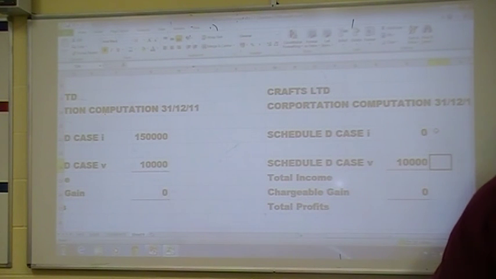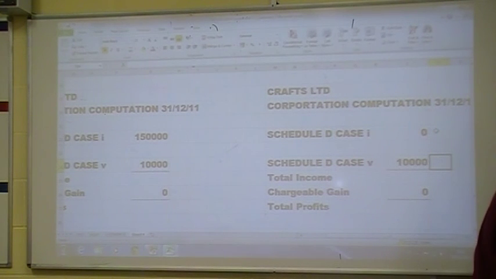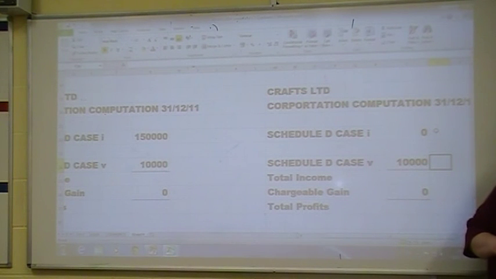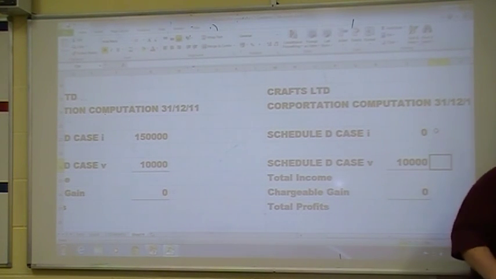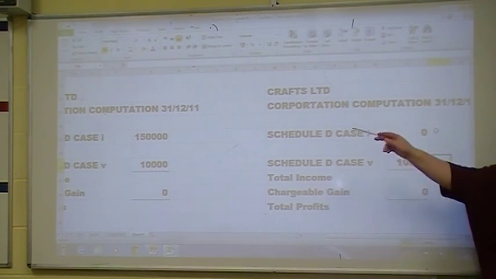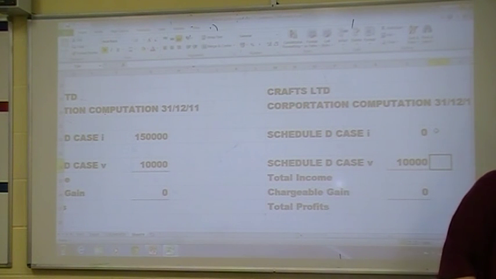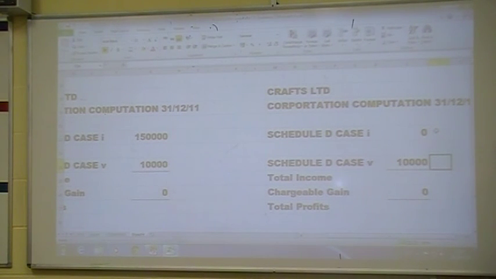So crafts, we've no case 1 and we've got 10,000 worth of case 5. It's easier when your sheet is landscape. I just put the two of them together, buttons and crafts, just so we can see the losses going over and back.